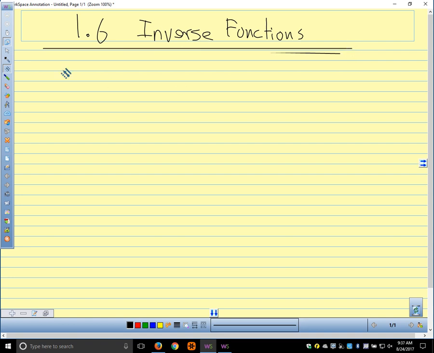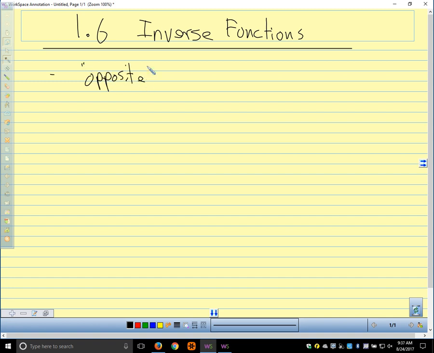All right, so before we get into details about inverse functions, let's talk for a second about what we mean. What do we mean when we say functions are inverse functions? We have a function and its inverse. What does that tell us about those two functions? They're opposites, is a way to think of it.